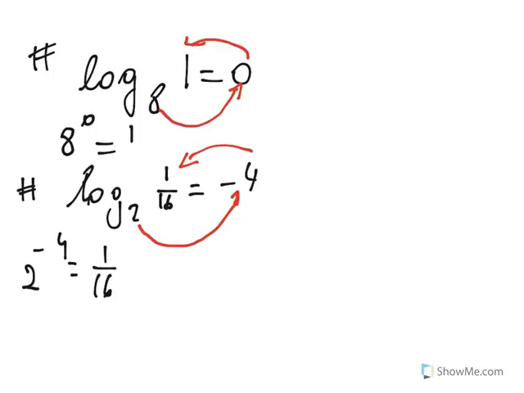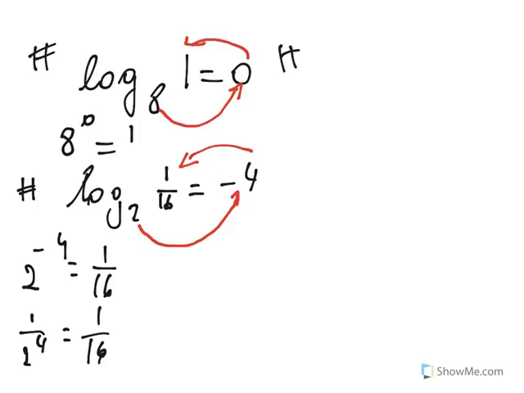Since we are dealing with a negative exponent here, I am going to take the reciprocal. So I say 1 over 2 to the power of 4, the power changed to positive, equals 1 over 16, which is completely true. 2 to the 4th power is 16. So in these two examples, we wrote an exponential equation using a logarithmic equation.